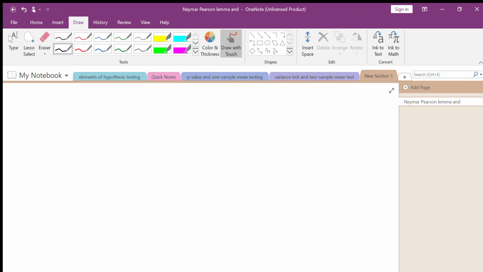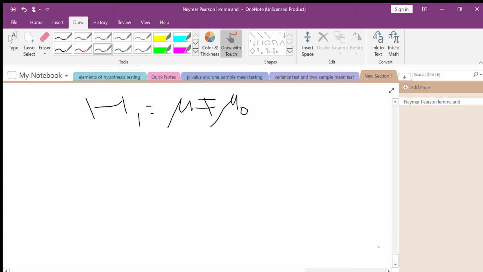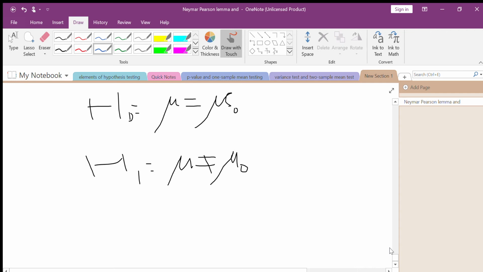So let's first consider a specific example. This double-sided testing: H0, mu equals mu0, and H1, mu not equal to mu0. In the likelihood ratio test statistic, we first rewrite our hypothesis testing in this way. We write mu in the parameter space for the null.